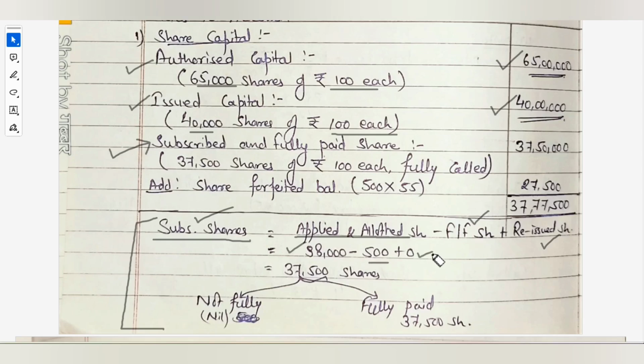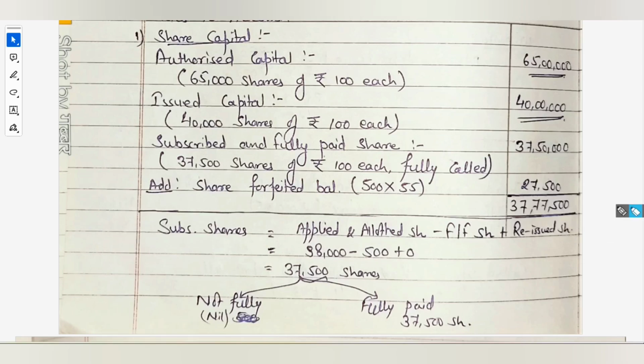So first of all, you need to apply this formula, that is number of applied or allotted shares minus forfeited shares and plus reissued shares if any. The number of shares after adding and deducting these figures will be known as the subscribed number of shares. Then you need to bifurcate that subscribed shares into two categories, that is not fully and fully.